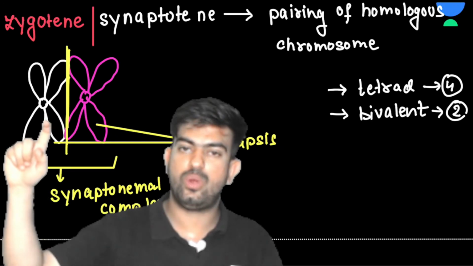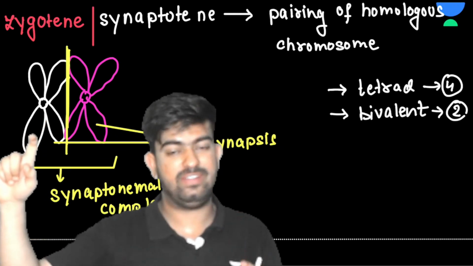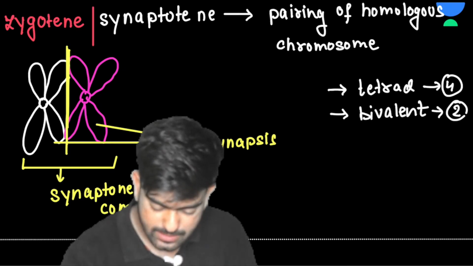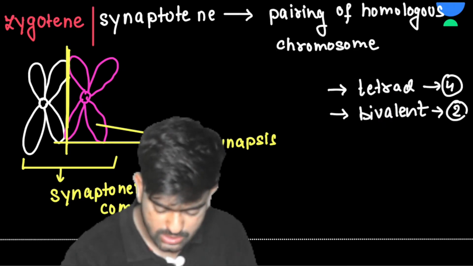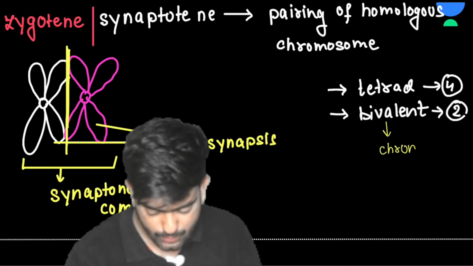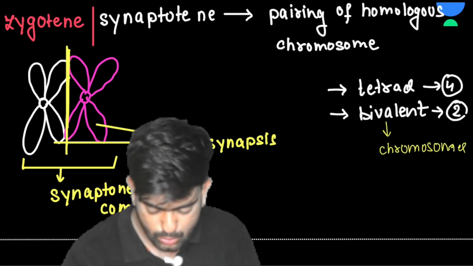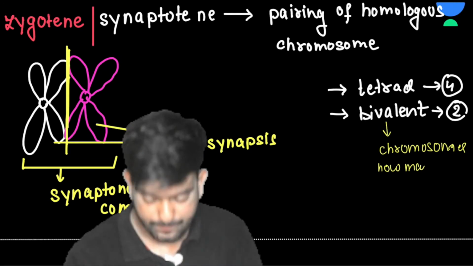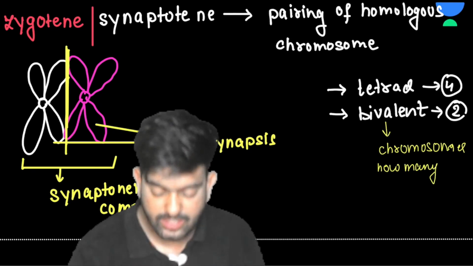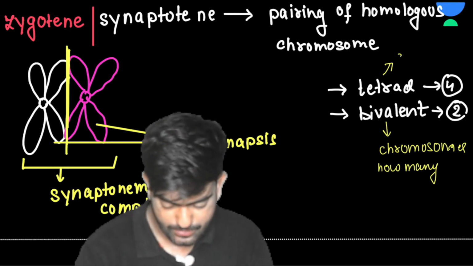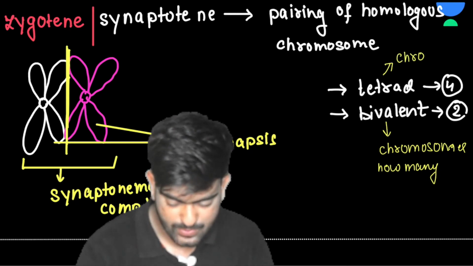The term bivalent is used with reference to chromosomes, 2 chromosomes. And the term tetrad is used with respect to chromatids. How many chromatids? 4. That's why tetrad.